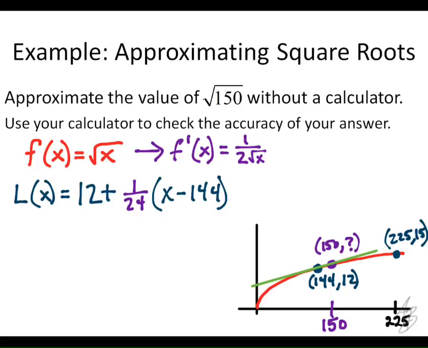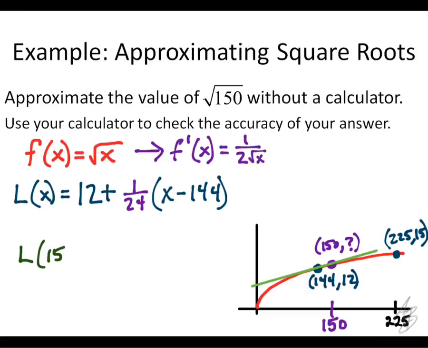Now, this actually will give us the value of any point on the green tangent line here, but I want to know specifically what the value is at 150. So what do I do to do that? Plug in 150 for x. Thank you. Plug in 150 for x.